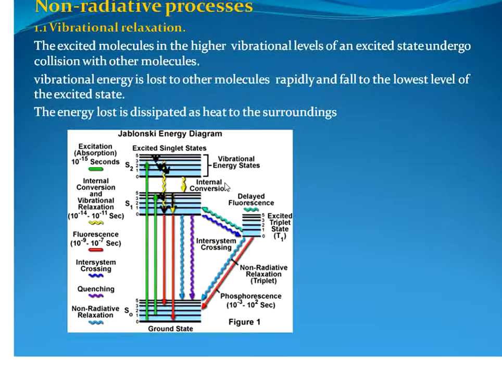Here, after a molecule absorbs light radiation, it's going to be at this excited state. After a short period of time, it's going to relax back, and in the process the energy is given off to the surroundings. So these arrows here indicate the vibration relaxation.